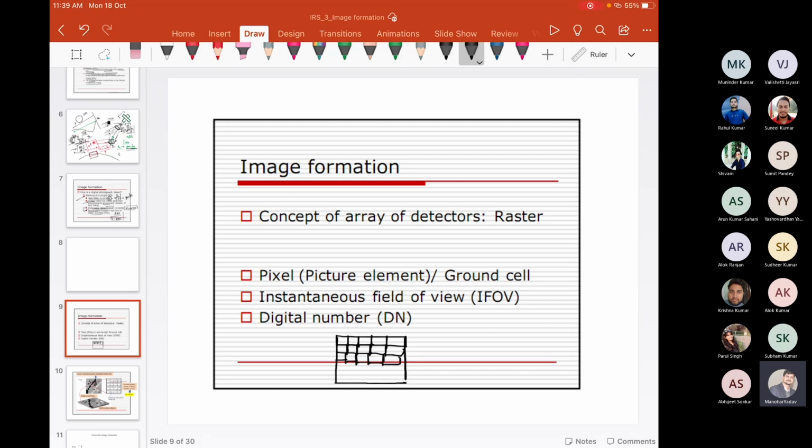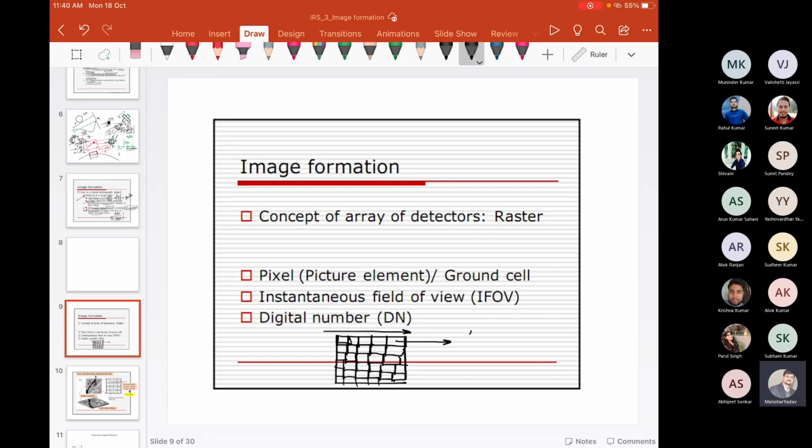As you see here, if we consider this area and see the pattern of grid cells, in a particular row there are many grids arranged.